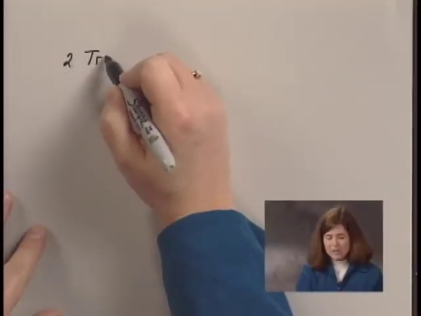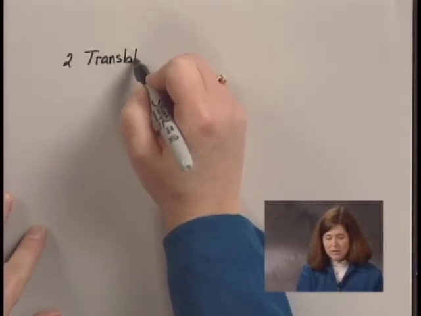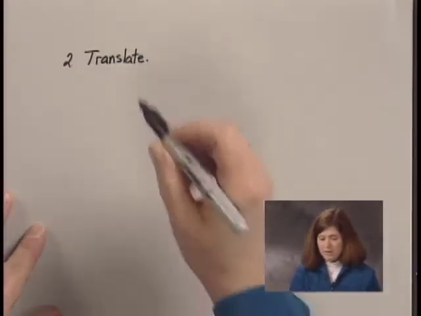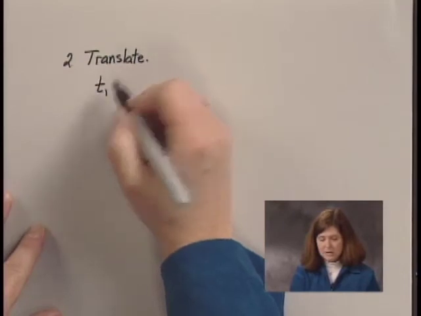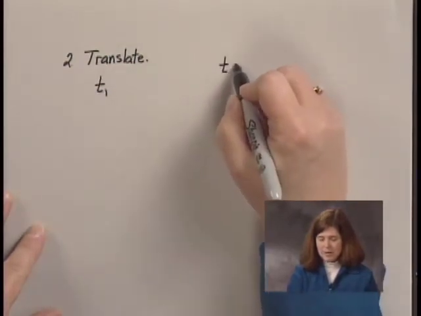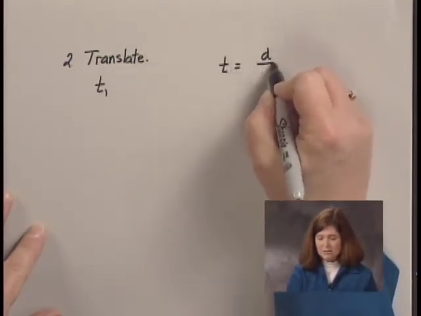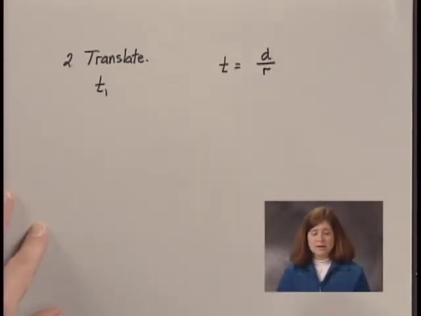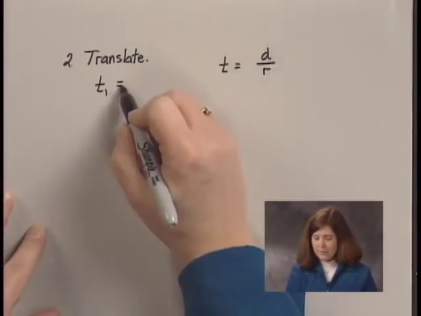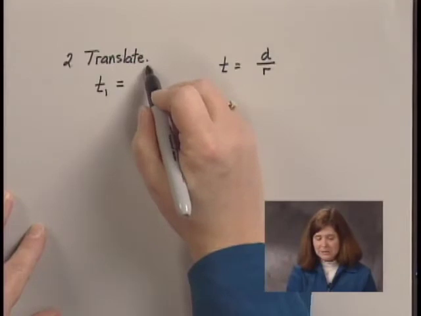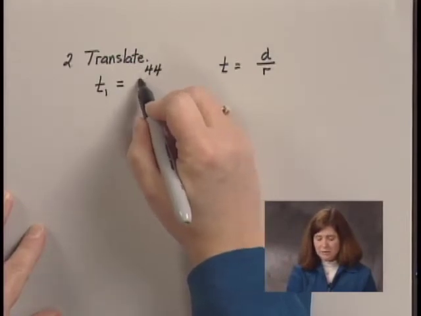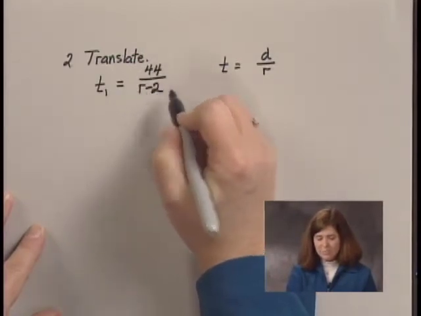And I translate each row of the table. I'm going to use time equals distance divided by the rate or the speed. The first time, or the time upstream, is the distance upstream divided by the rate upstream.